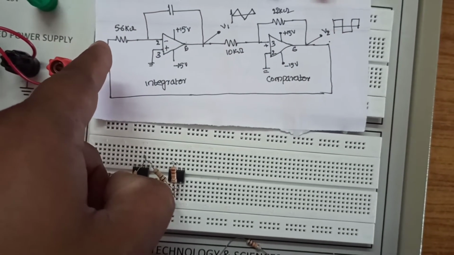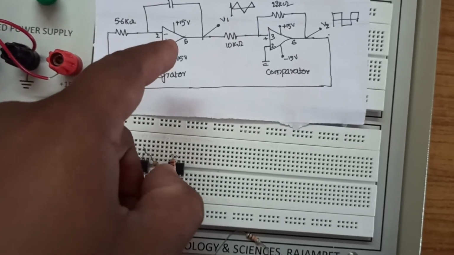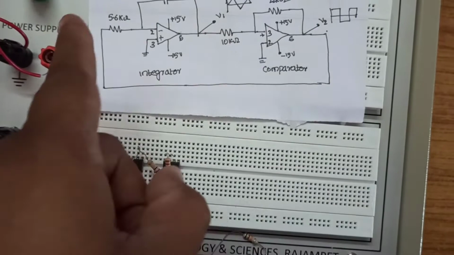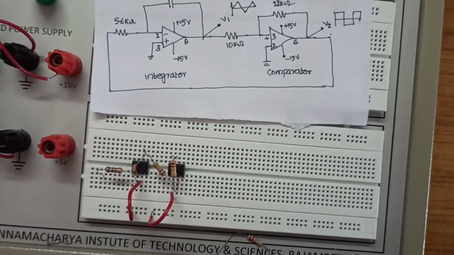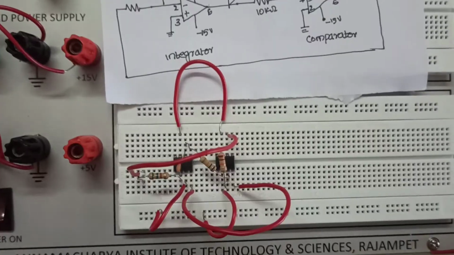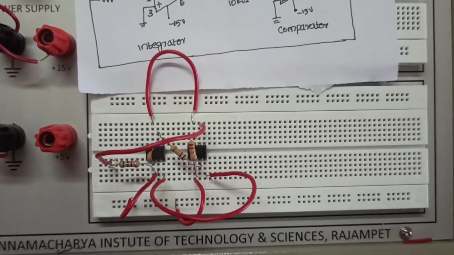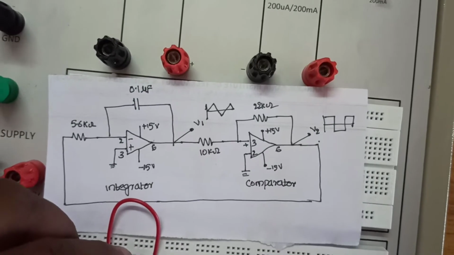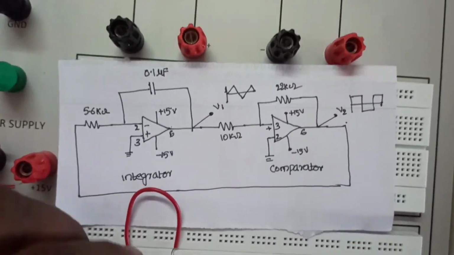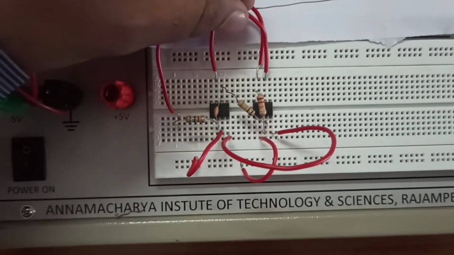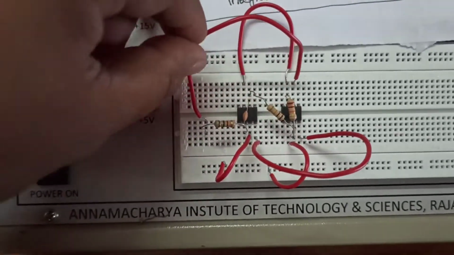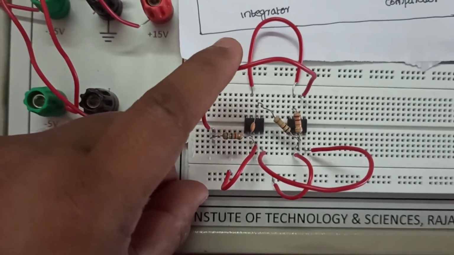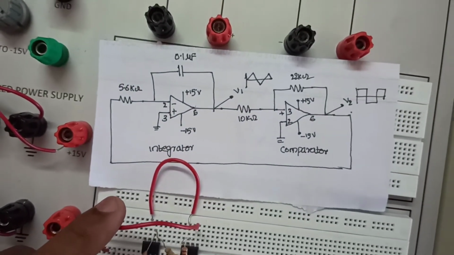There is a feedback loop, and we have to provide supply voltages of plus 15 and minus 15 to both stages of operational amplifiers. Let's see the connections. I have given a complete feedback loop from the second stage output to the first stage 5.6 kilo ohm resistor. This is the second stage pin 6 output, and from this I have extended a wire to the input 5.6 kilo ohm resistor. This completes the closed loop of the circuit.